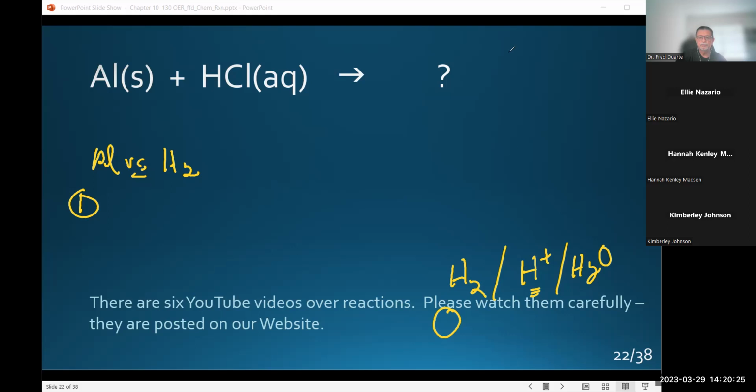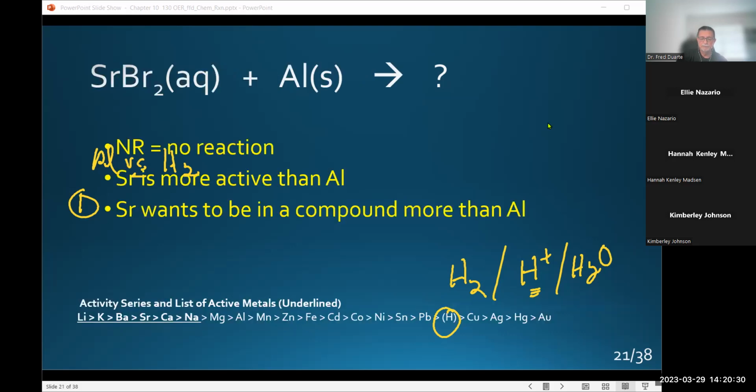So we go to the activity series, which is there, okay? We look for aluminum, which is right here, okay? And the hydrogen, which is right there. So that tells you that aluminum is a lot more reactive than hydrogen.